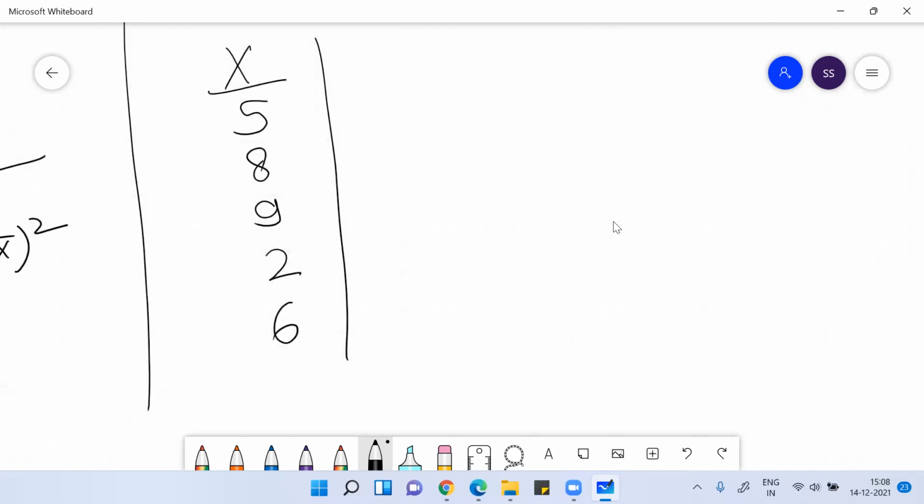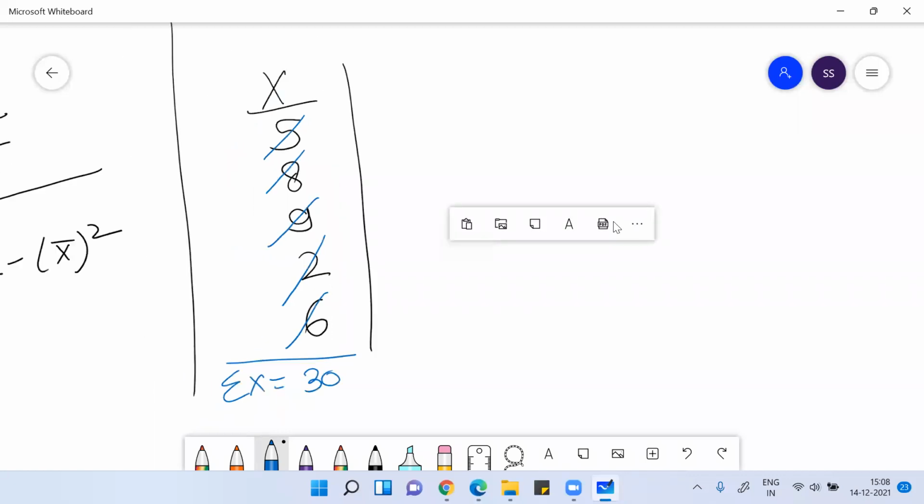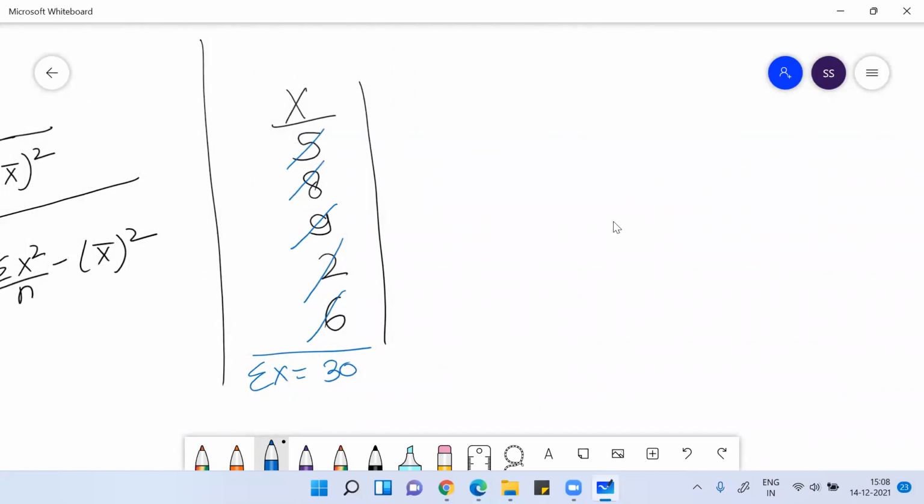I told you two formulas, I'll show you. Find the sum of x. Sum of x is 8 plus 5, 13, 13 plus 9, 22, 22 plus 2, 24, 24 plus 6, 30. Then you will find x bar. X bar would be 30 divided by 5, which means 6.